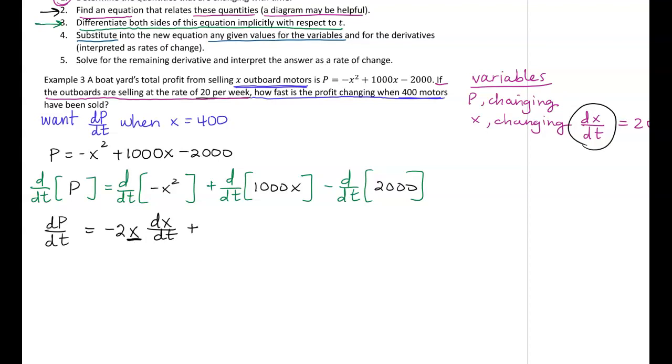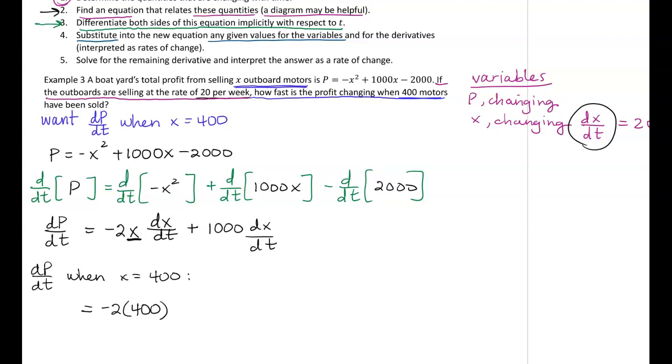Plus the derivative of 1,000x. Well, the 1,000 is just a constant, so that will just stay there. And the derivative of x is dx/dt. And then finally, the derivative of that 2,000 is simply 0. So now we have an expression for dP/dt. More specifically, we want dP/dt when x is equal to 400. So I'm going to plug 400 into the equation for x.